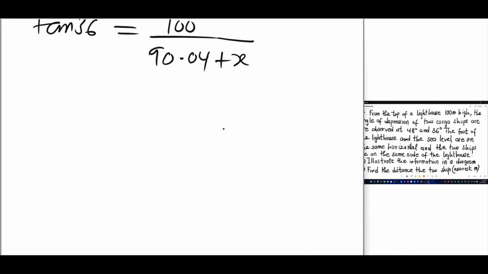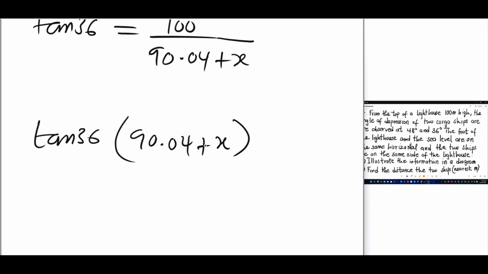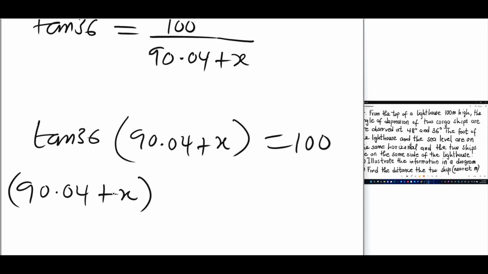So we are going to get tan 36 multiplying 90.04 plus X, because we have two terms that we are adding, we have to put them in brackets. So 90.04 plus X in one bracket multiplying tan 36, all equal to 100.